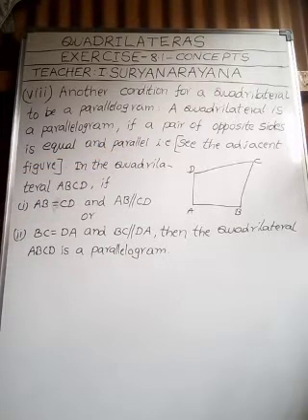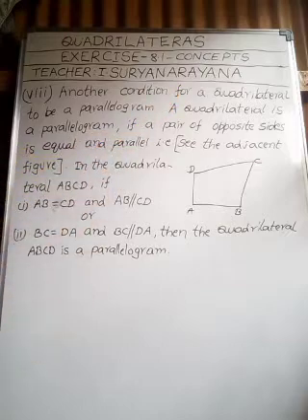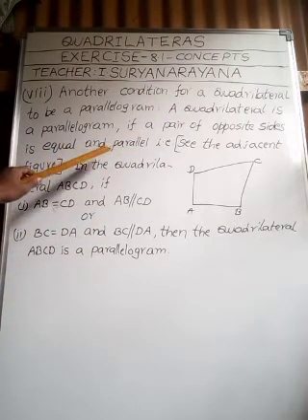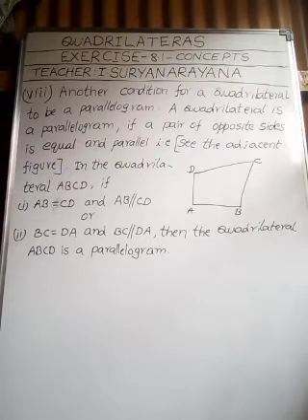Okay, my children. In the previous points we discussed that each pair of opposite sides is equal. But here only one pair of opposite sides should be equal and parallel. Then the quadrilateral is said to be a parallelogram.